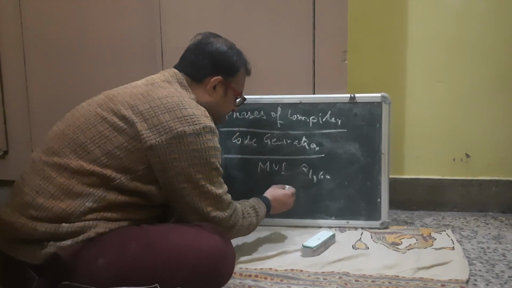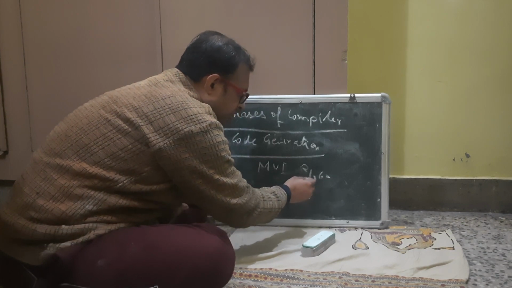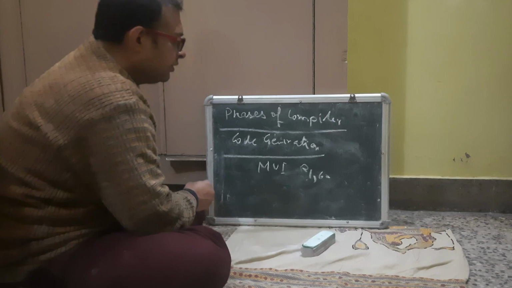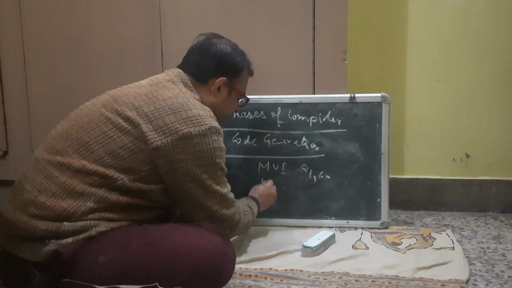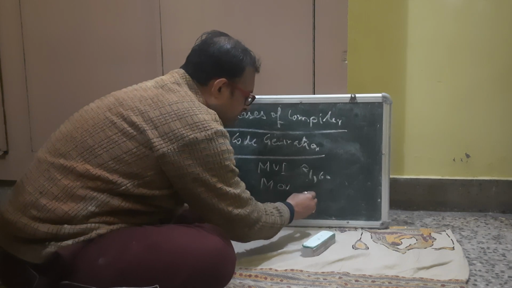Then R1 is holding the constant 60 and we multiply with rate. Consider rate is present in register R2.